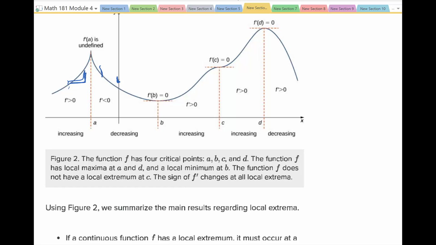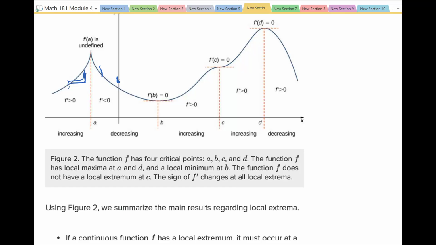So, problem solving strategies. Using the first derivative test, consider a function f that is continuous over the interval I. Find all critical points of f and divide the interval into smaller intervals using the critical points as endpoints. Then with those intervals, you're going to find test values. Analyze the sign of f prime in each of the subintervals with test values.